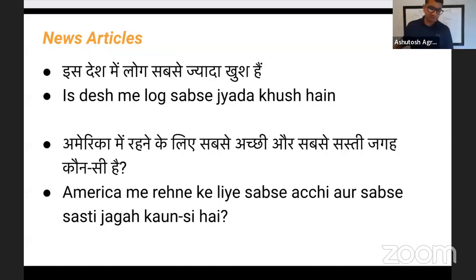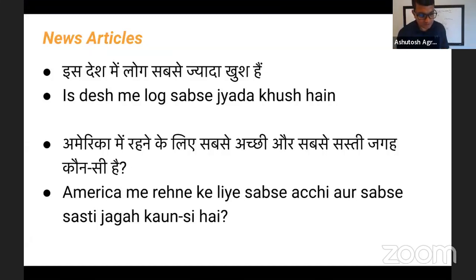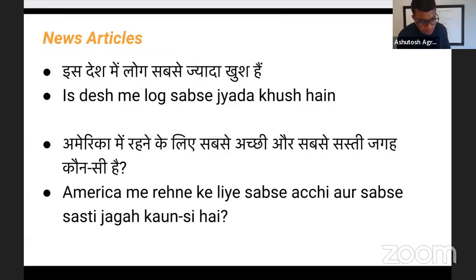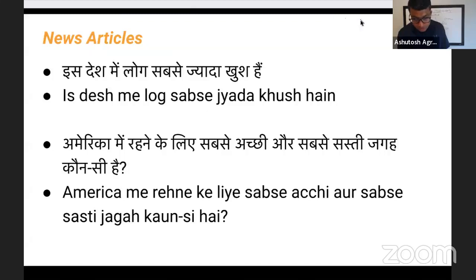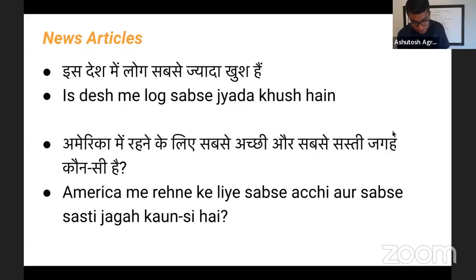And the article talks about how the people are the happiest here. Now going back to Sharanji's question, you can say sukhi hai as well, and maybe both of them are correct. It's just your preference at the end of the day. Rather than making it right versus wrong, they both are correct. Okay, let's do the next one.